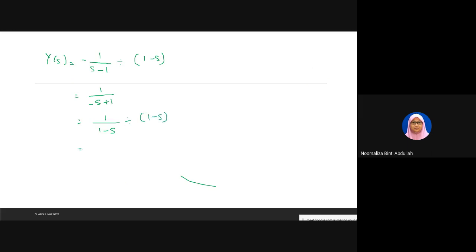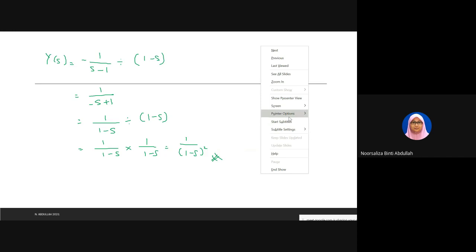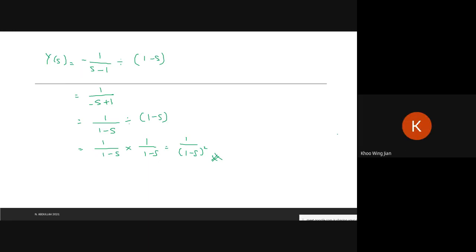So bahagi ni maksudnya 1 per. Okay, faham? Faham senang je kan?